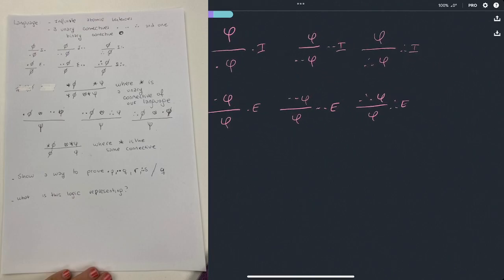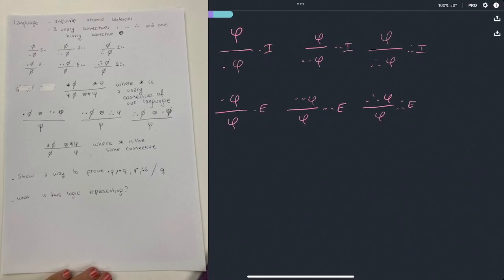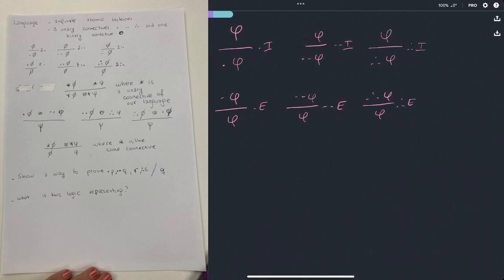So we've got these rules, but now there are some extra rules that start to mix together some of these different connectives, so these are worth thinking about in more detail. First we have this general rule, where we're using this asterisk to stand in for any particular unary connective of the language.